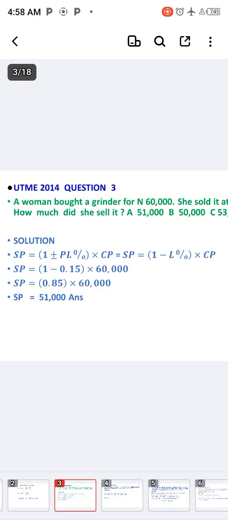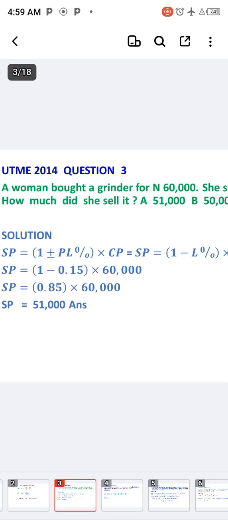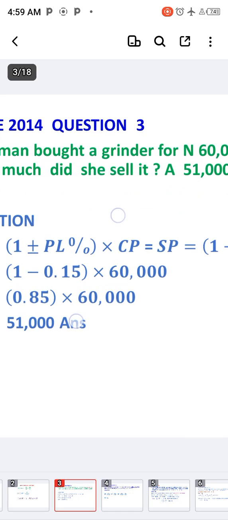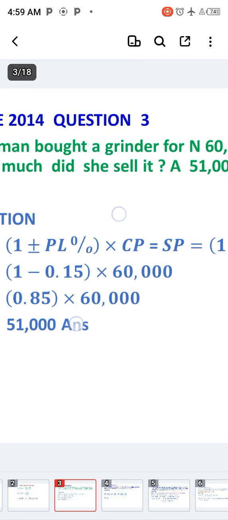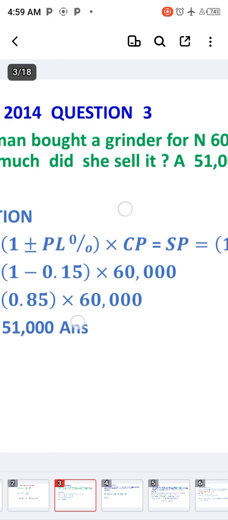And the formula for calculating the selling price, as explained before, is selling price is equal to 1 plus or minus profit or loss percent times cost price.